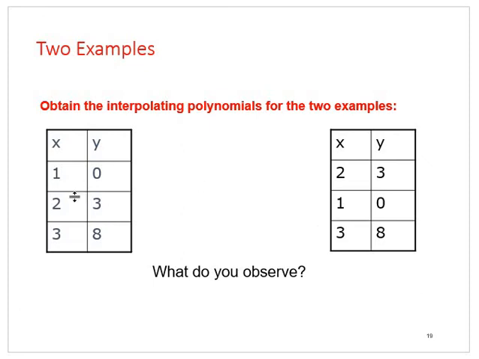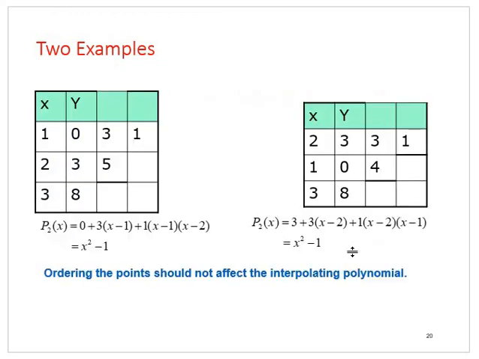All right, so let's look at these two examples. Looking at these two examples, what do you observe? You should observe that these two tables have the same columns and rows, except that the order is different. Here it is 1, 2, 3. Here it is 2, 1, 3. But everything else is the same.